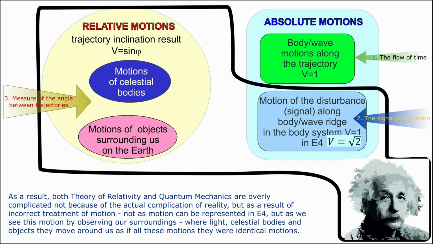As a result, both the theory of relativity and quantum mechanics are overly complicated not because of the actual complication of reality, but as a result of incorrect treatment of motion, not as a motion can be represented in E4, but as we see this motion by observing our surroundings, where light, celestial bodies and objects move around us as if these motions were identical motions.